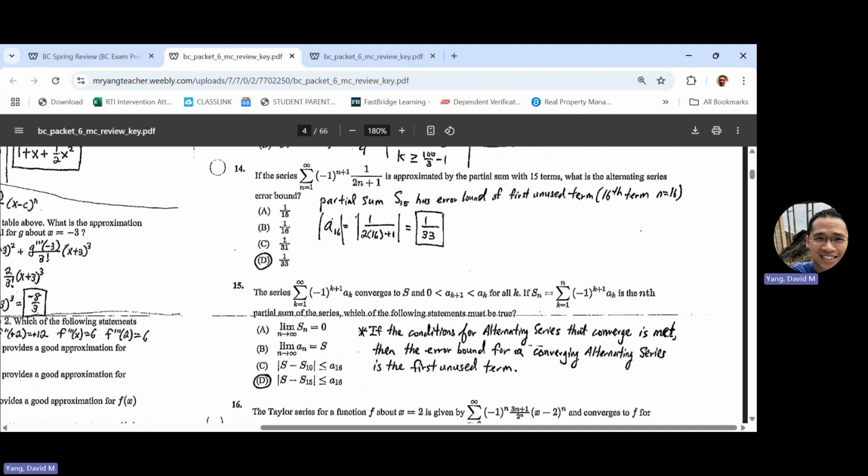15 is just recounting the definition for alternating series error bound.